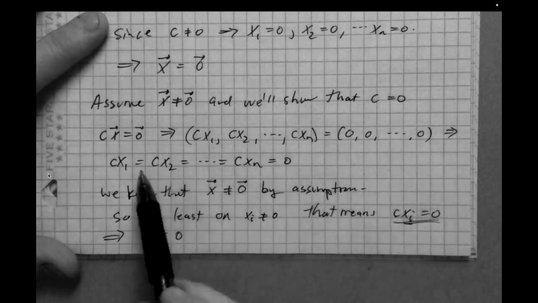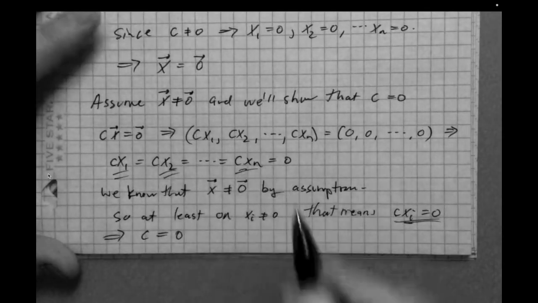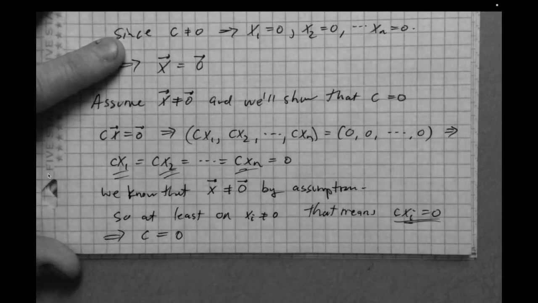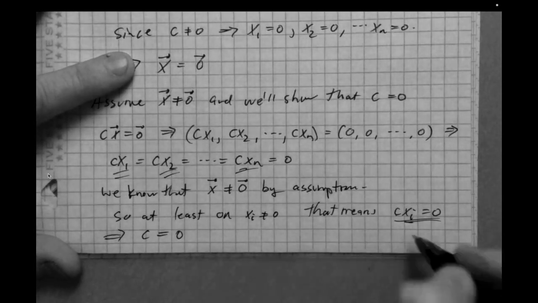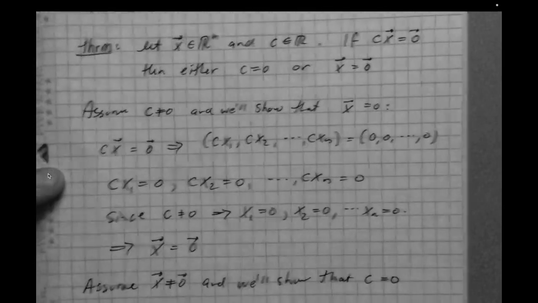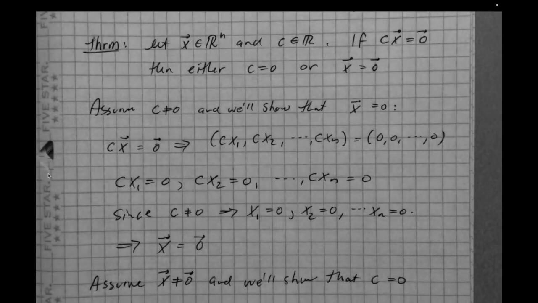And so if C is 0 for any one of these terms, it must be 0 for all of these terms. So C is equal to 0, and that's all we needed to show. Perfect. So we've shown it both directions. And so now we should be able to say, yes, if I've got a scalar multiplication resulting in the 0 vector, then either C is 0, the scalar is 0, or the vector is 0.